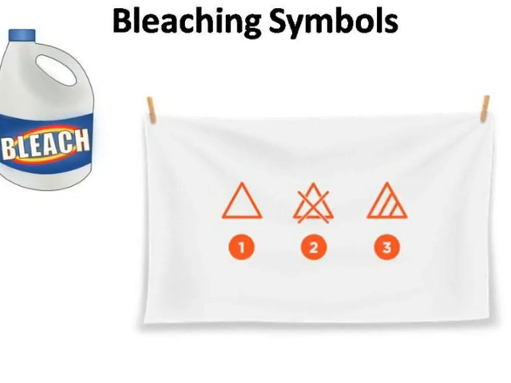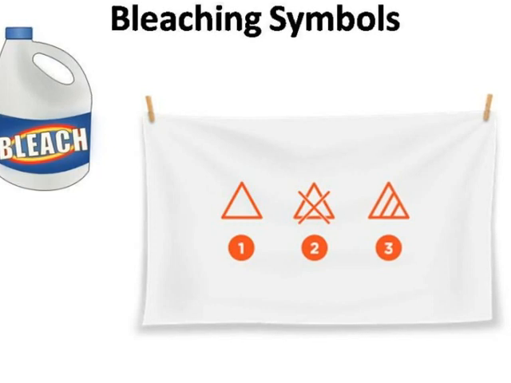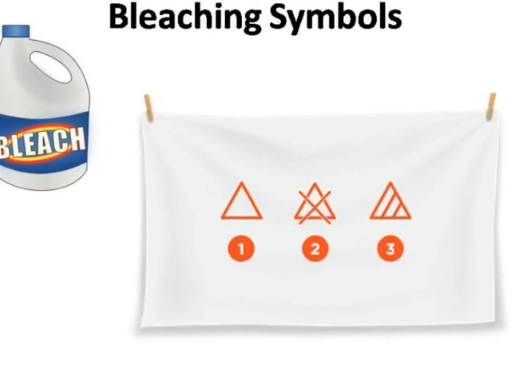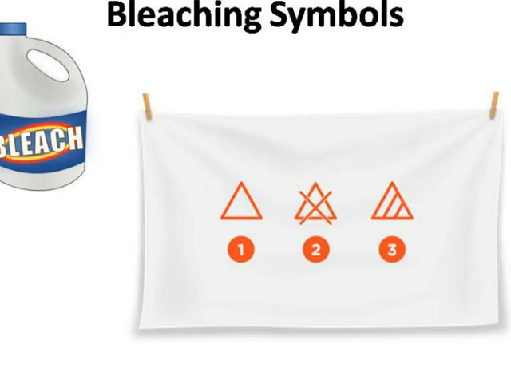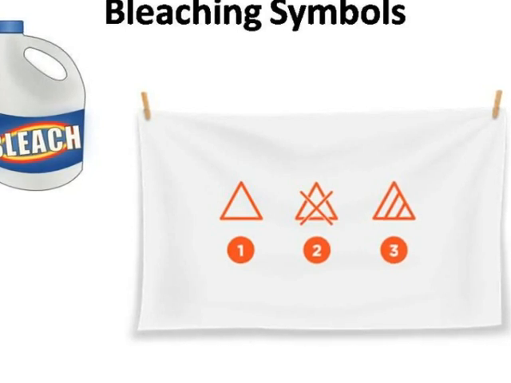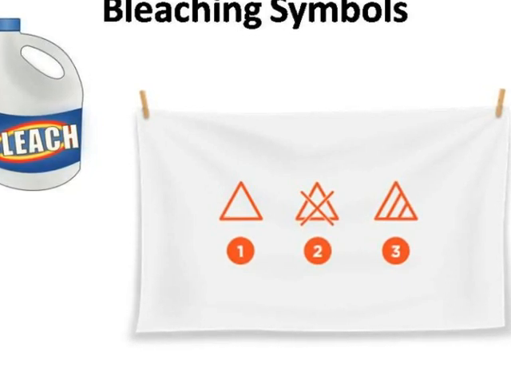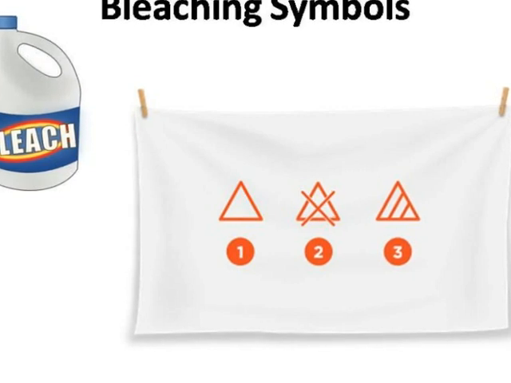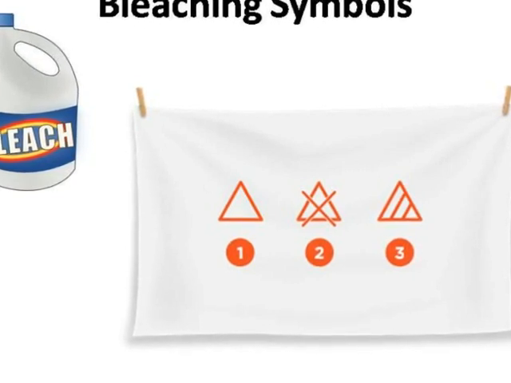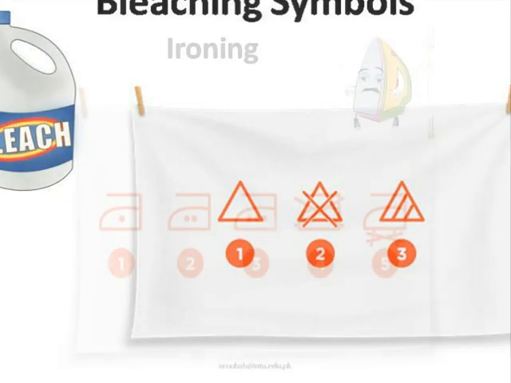The same triangle with a cross indicates do not bleach the product or the fabric, and the third symbol, in which a triangle has two slanting lines, means do not use chlorine bleach for the product or fabric.